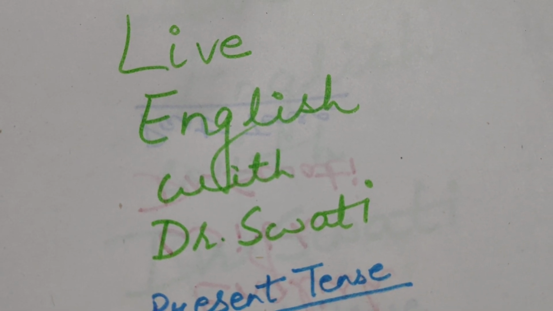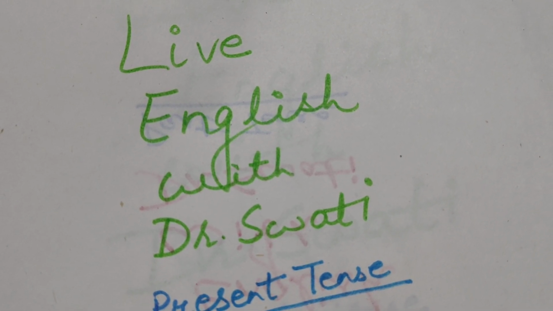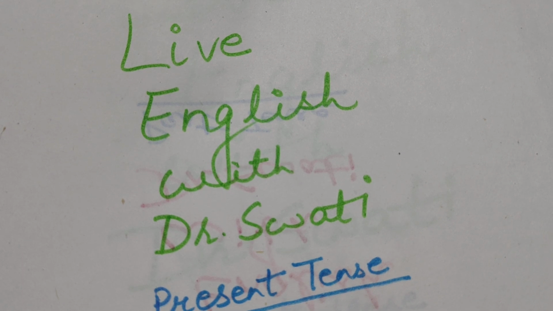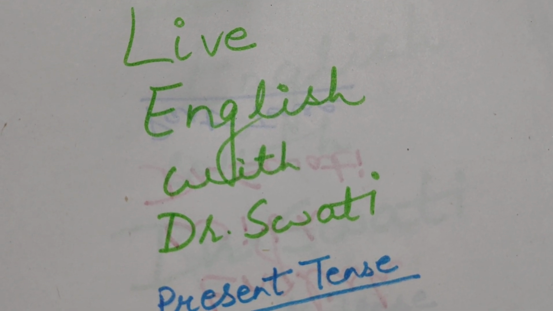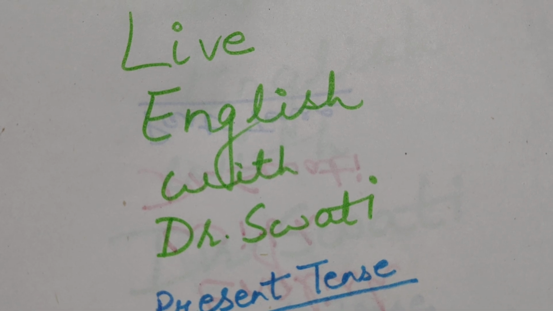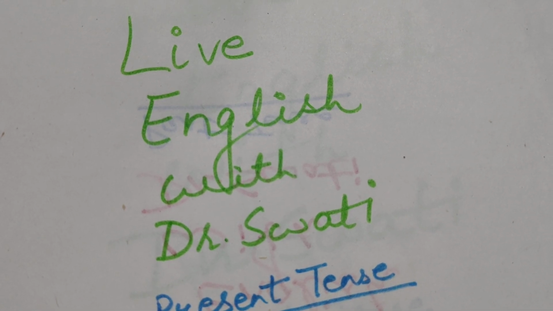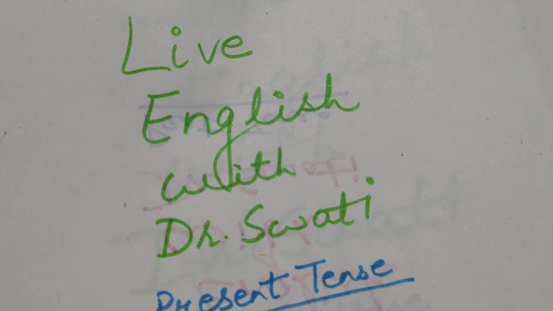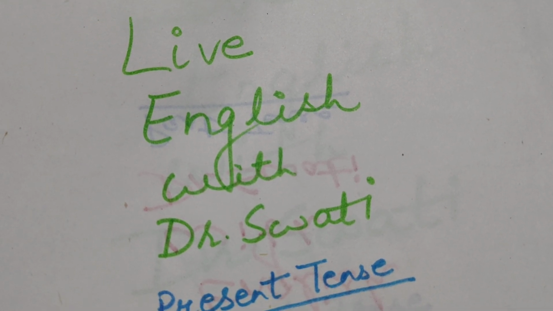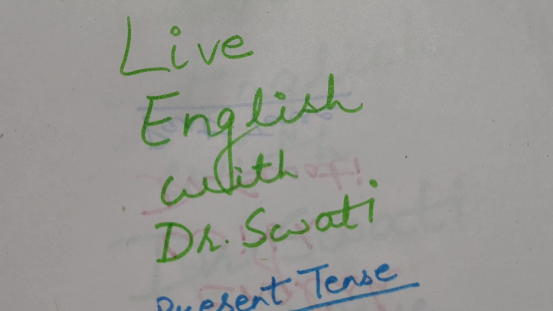So when you are introducing any kind of quotation, you will be using simple present tense. Now with simple present tense, you will be very careful where and how you will be using it. Our second thing will be present continuous tense.